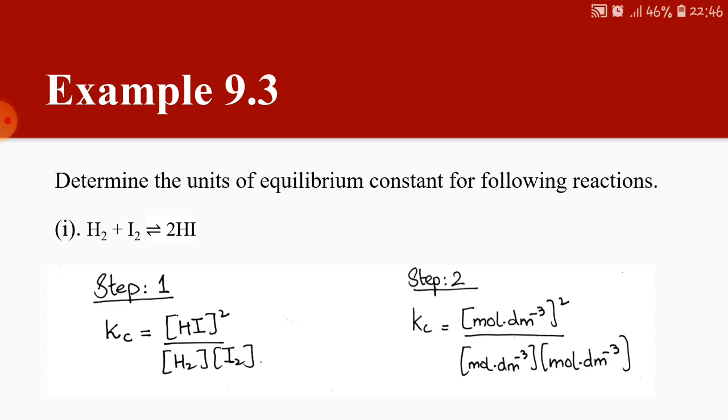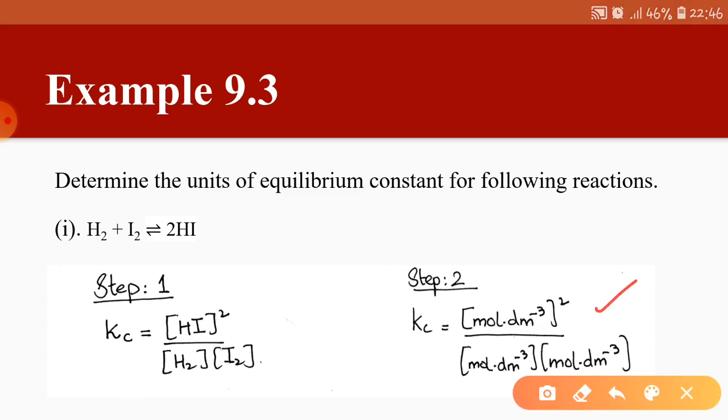So we will just write the concentration units for all these species. This is the concentration unit for HI, this is the concentration unit for hydrogen, and this is the concentration unit for iodine. Now see that here the concentration unit for HI is being raised to the power 2 because the concentration term for HI is being raised to power 2.